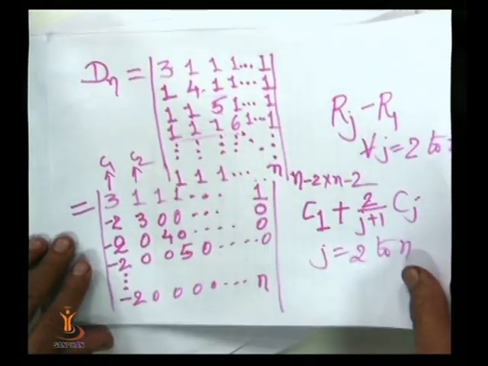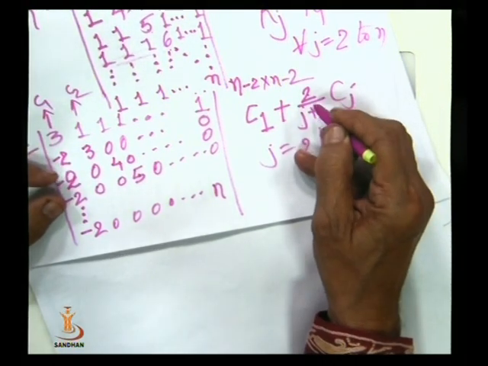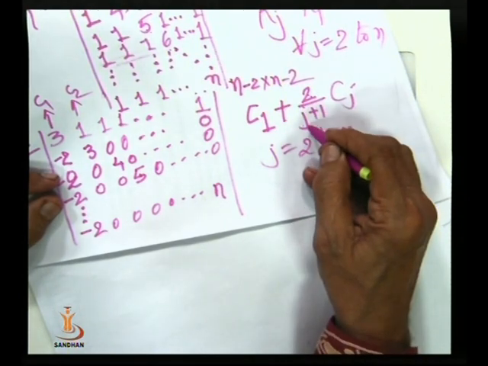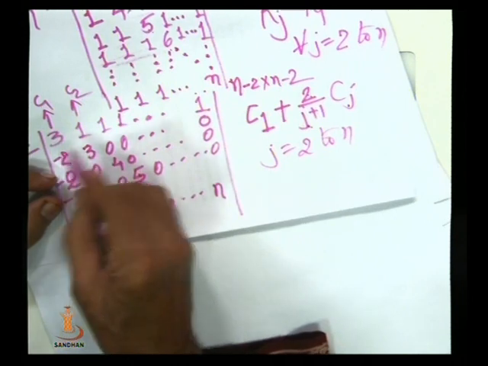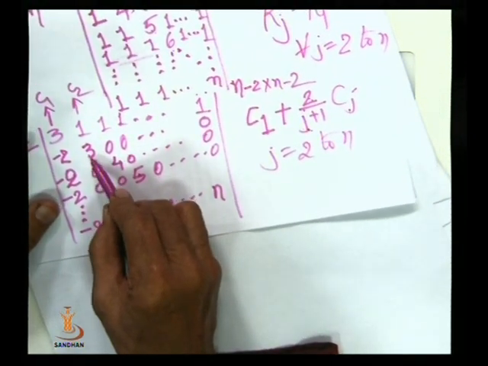So what happens if I take the second column? If I take j equal to 2, then here what you get? 2 upon 3, second column you are adding. So when you add this, what do you get?